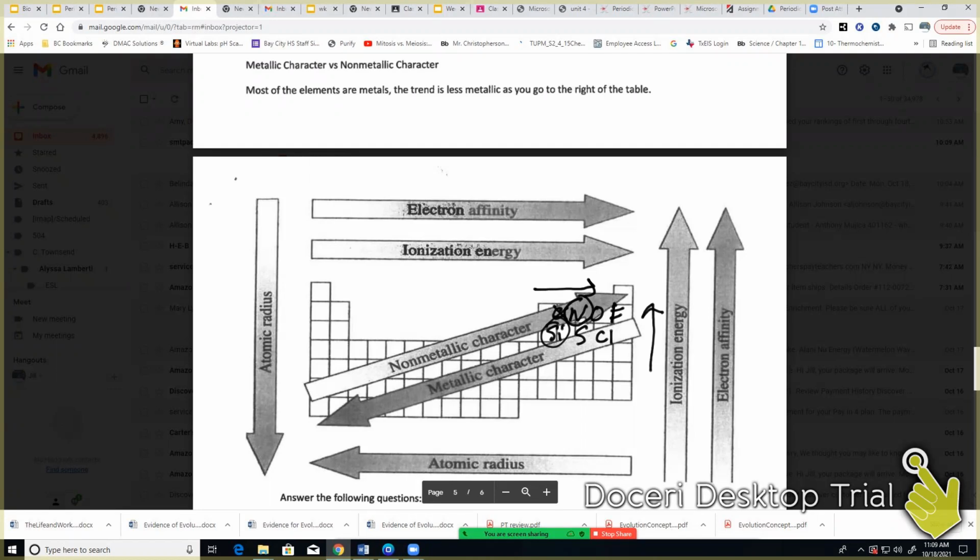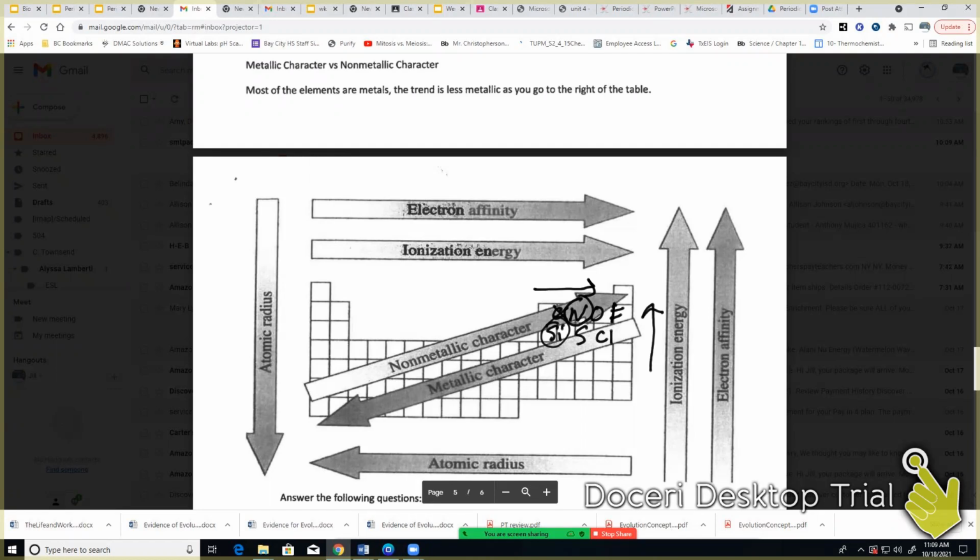So that negative ion is always going to be larger than the original atom. So the sodium atom would be the largest, and then the sulfur ion out of those two would be the largest. Which one has the highest ionization energy? Oxygen. And then which element has the highest electronegativity? Fluorine, what I was trying to do on the last one.